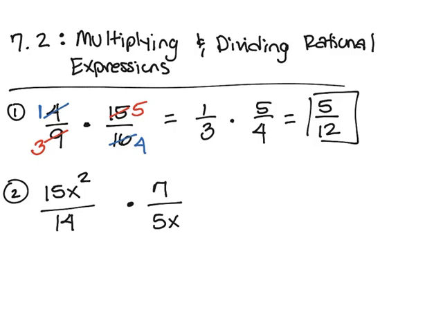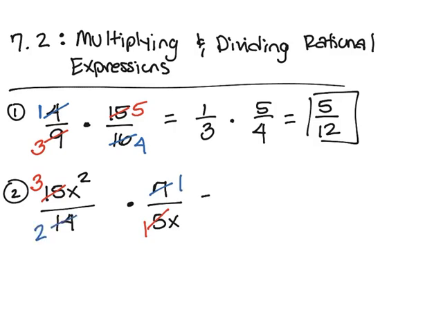If you can cancel top and bottom, either up and down or diagonally, that's what I would do first. So with 15 and 5, 5 will go into both. 5 one time and 15 3 times. And then 7 and 14, 7 once and 14 2.